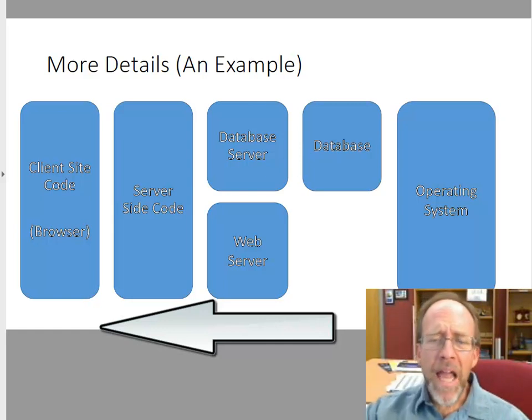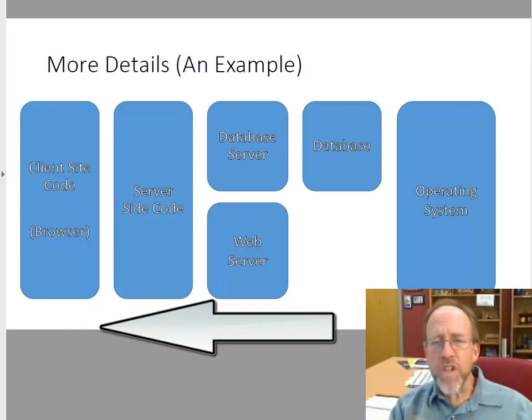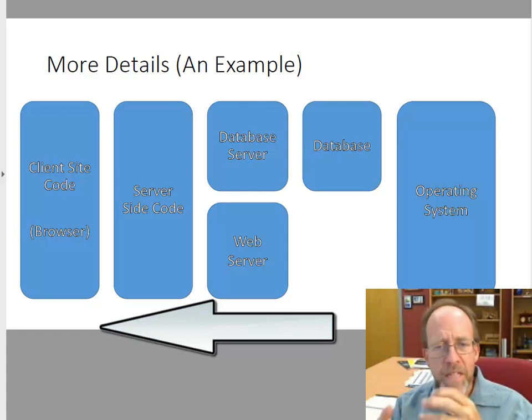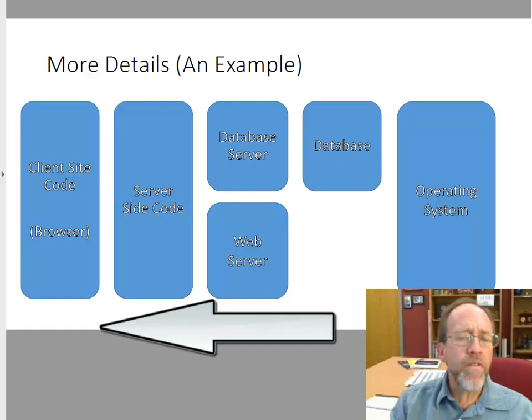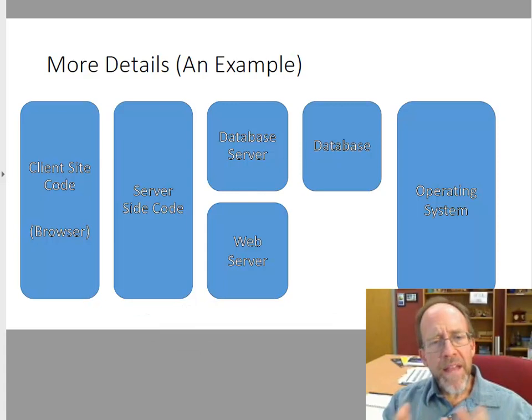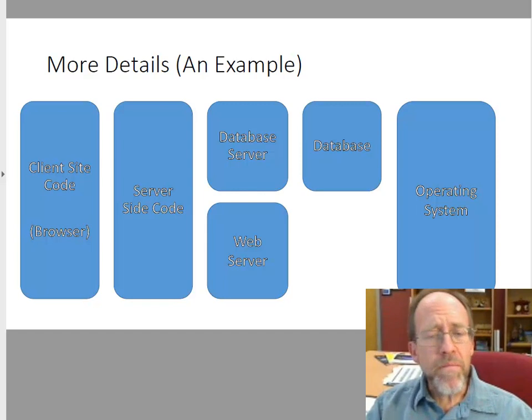And on top of that, you might have a web server and a database. You may have some sort of database software in front of the database. And then between the web server and the client, you've got some code that takes what's on the web server and does some translation of the information and eventually puts out something to the client side. At that browser level, and it doesn't have to be a browser, it can be an application that you wrote custom, it can be a mobile application, or it can be a browser front end, there's this client-side code that is the direct interaction with the user.